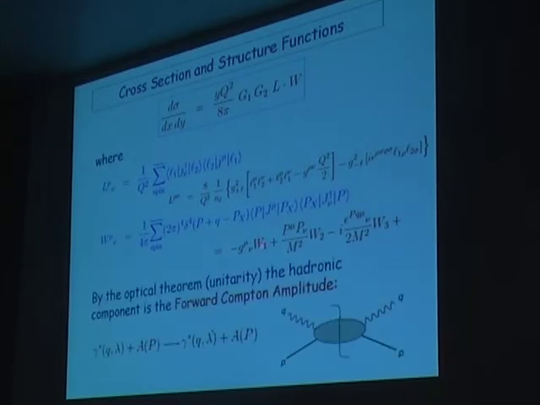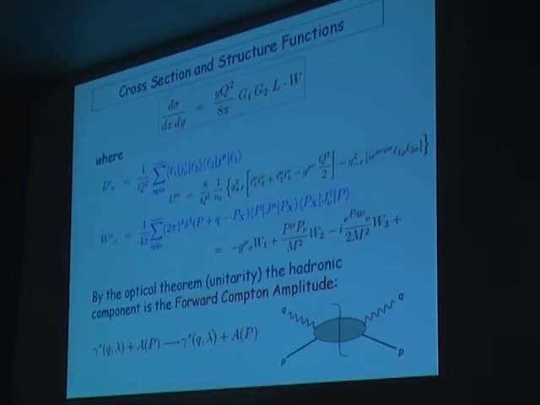And W1, W2, W3 embody all the QCD physics. Because the rest of it is calculable, to talk about QCD physics we can just concentrate on these quantities, and that is illustrated by this picture here.